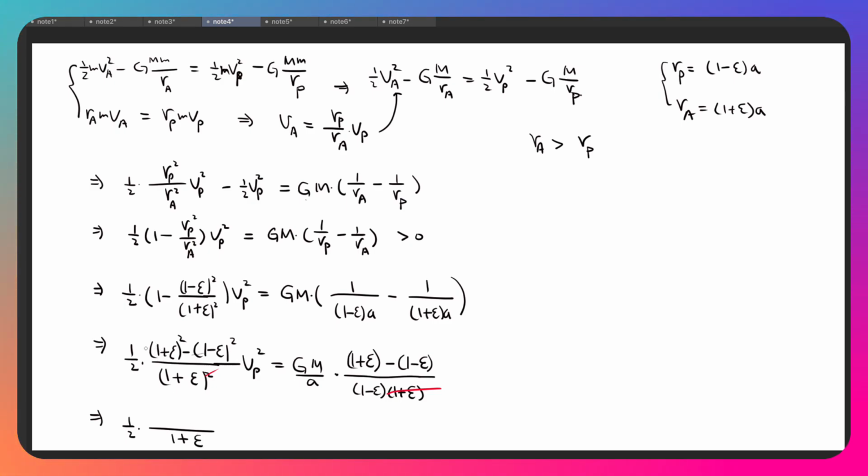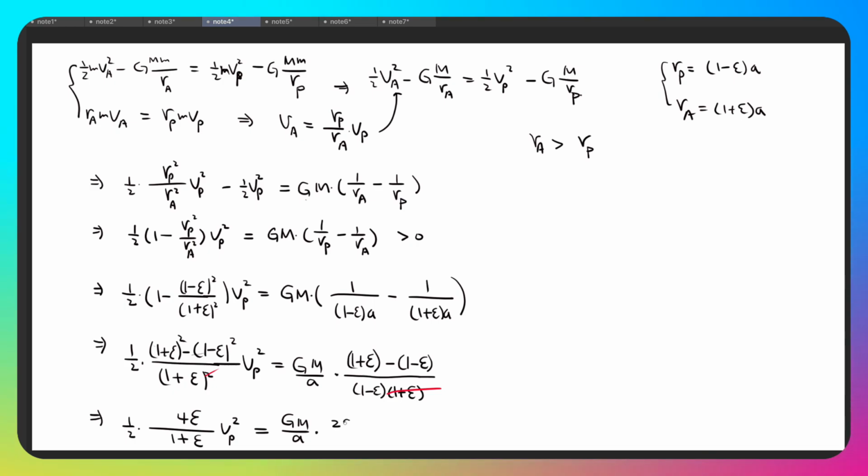And then in the numerator, I expand this first parenthesis and second parenthesis. I get 1 plus epsilon squared cancel out. And I have 2 epsilon left minus negative 2 epsilon. So we get 4 epsilon here. VP squared equals GM over A. And then here we have a cancellation of 1.